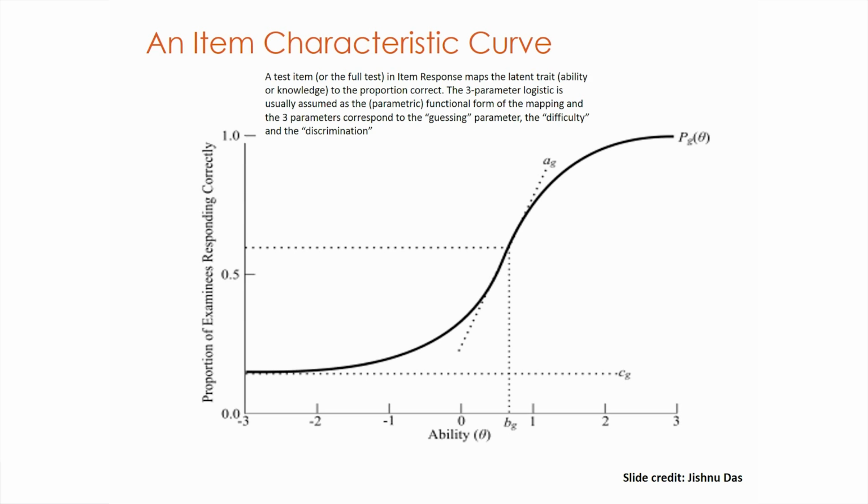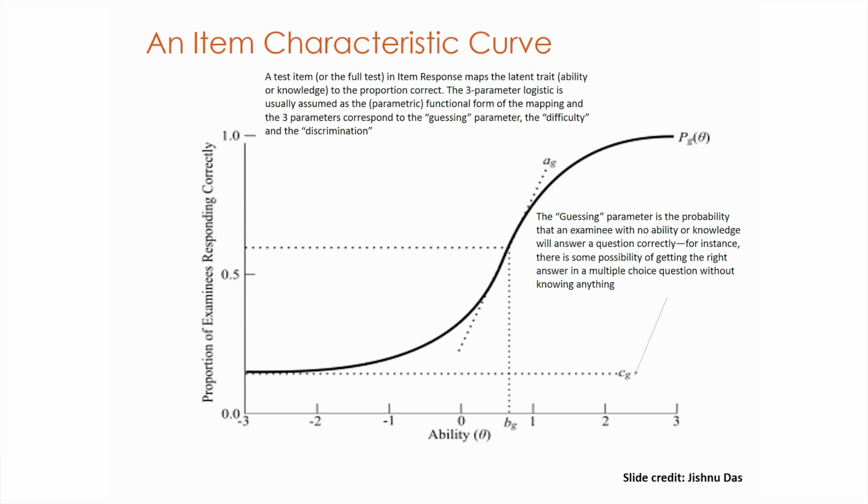There's the guessing parameter, which is what you see on that horizontal dotted line there, that's c_g. What that tells you is that even a kid with almost 0 learning level can get this question right, say 20% of the time. Suppose your question is multiple choice with 1 in 5 options, and you could know nothing and still have a 20% chance of getting that question right.